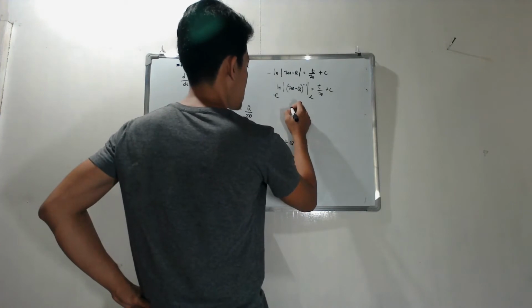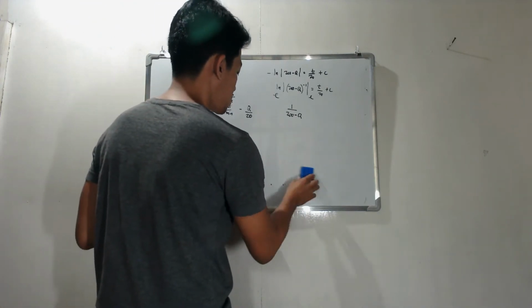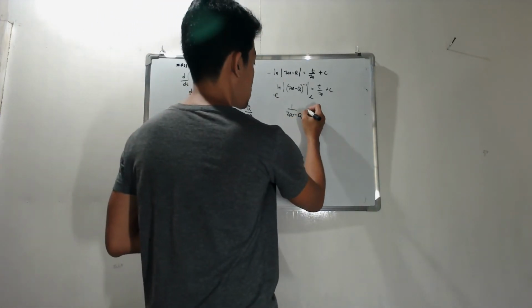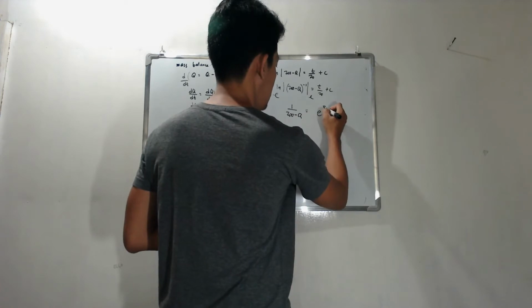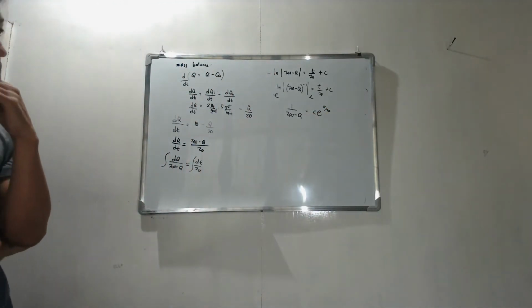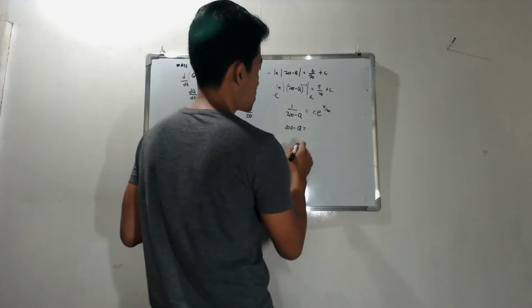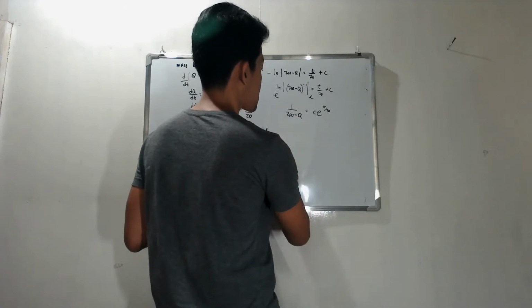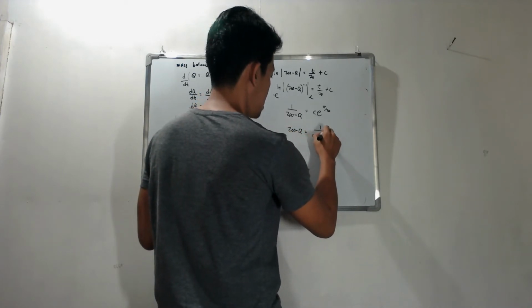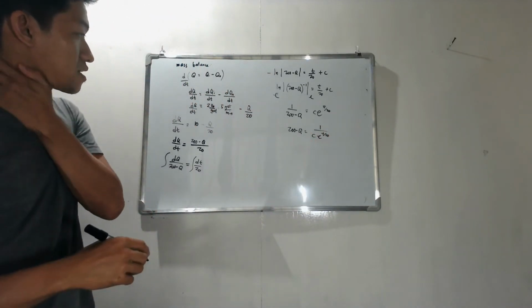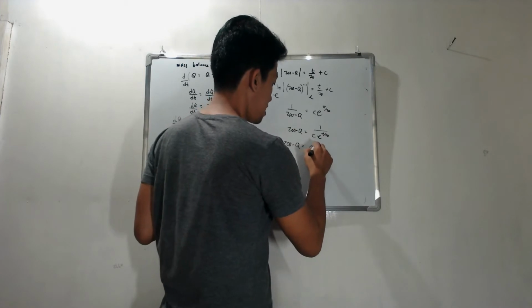You have 1 over 200 minus q is equal to e to the t over 20 c. Or this is just equal to 200 minus q over 1, c e to the t over 20.